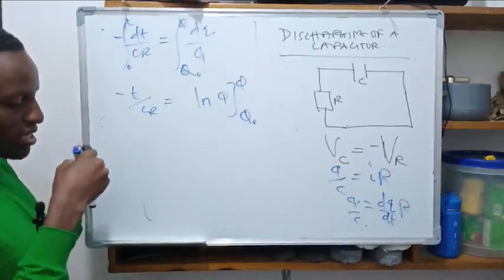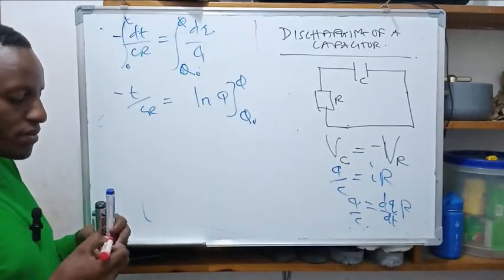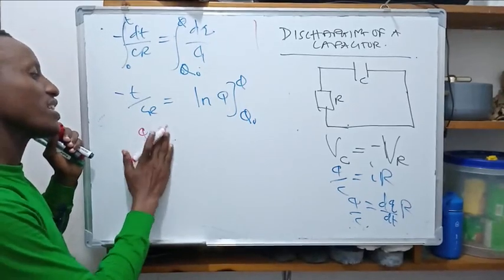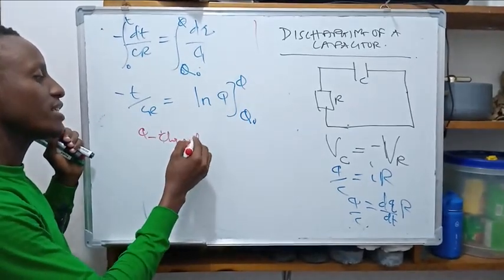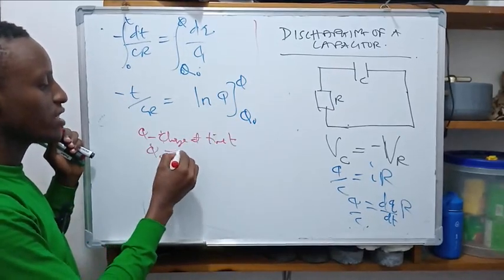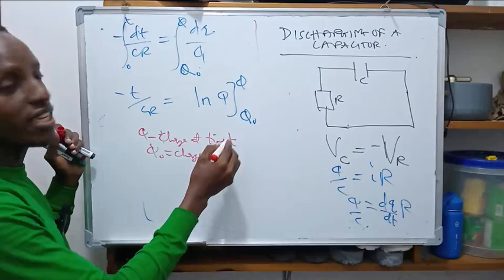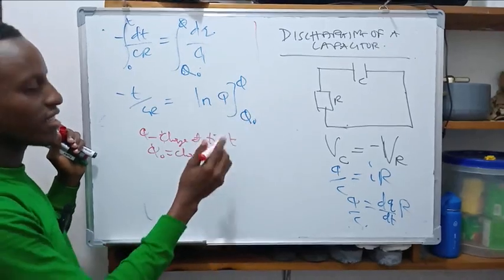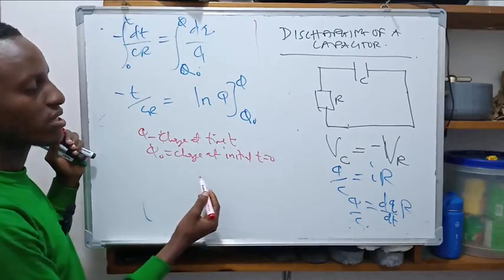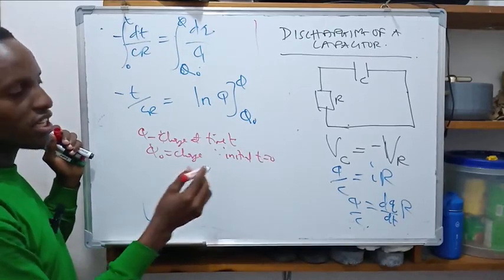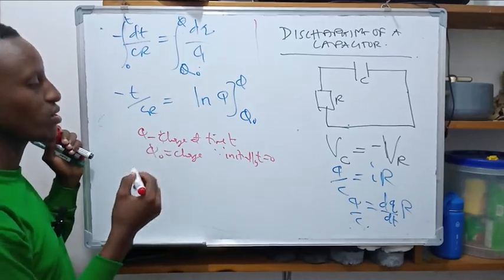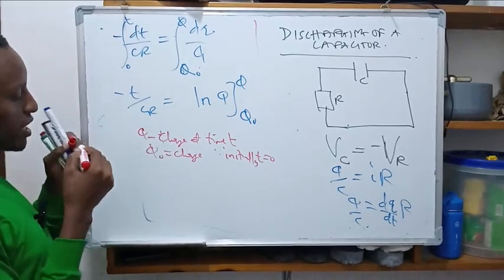Before I move on, this q is the final charge at time t. Q naught is the initial charge, at time t equal to 0.